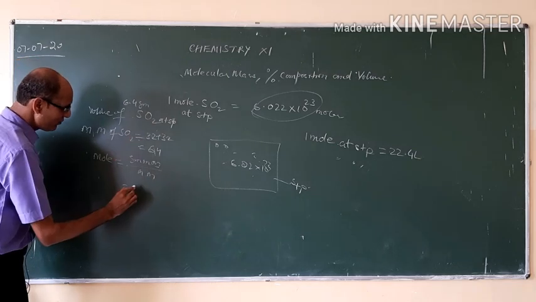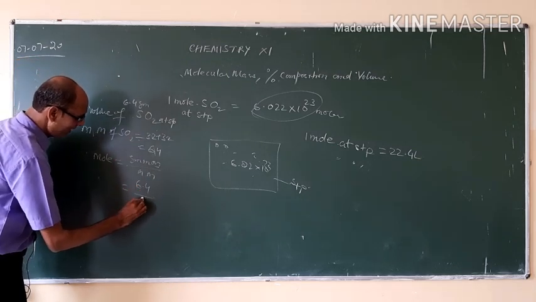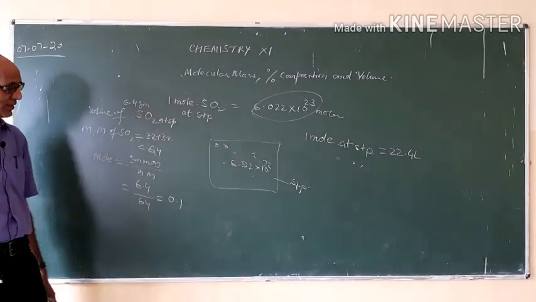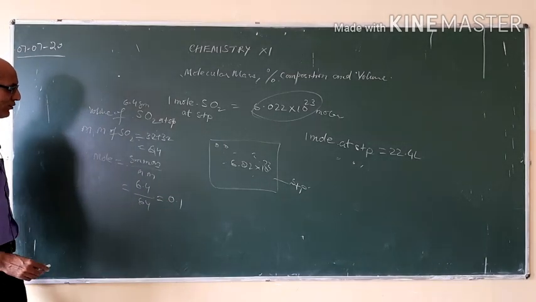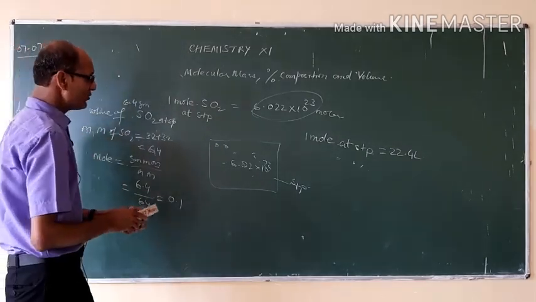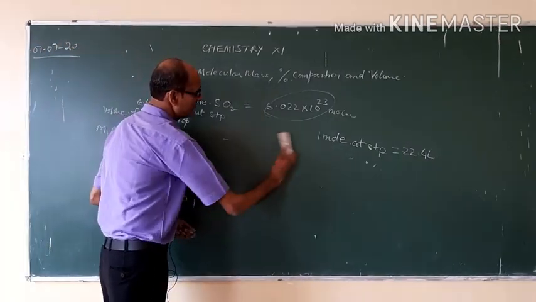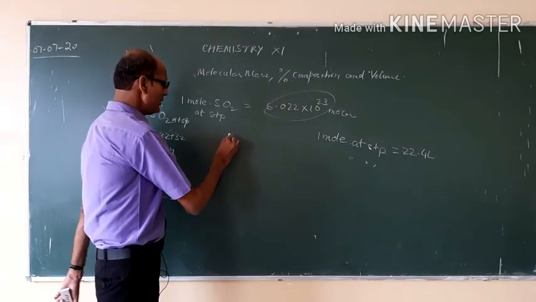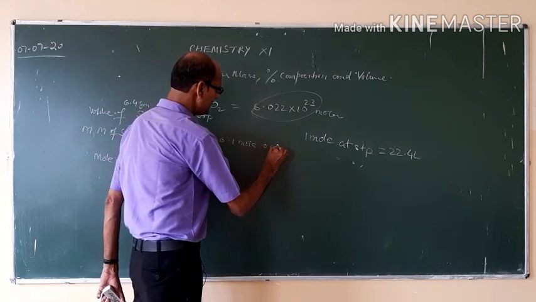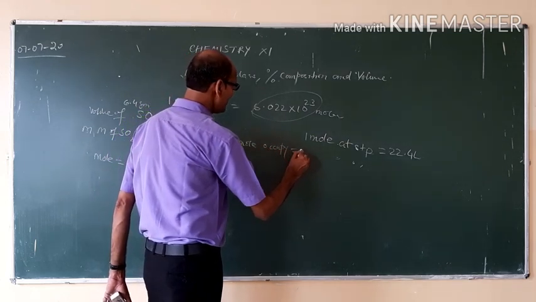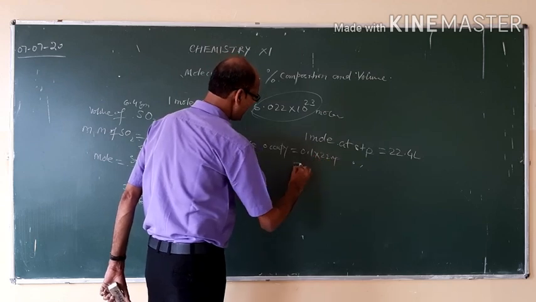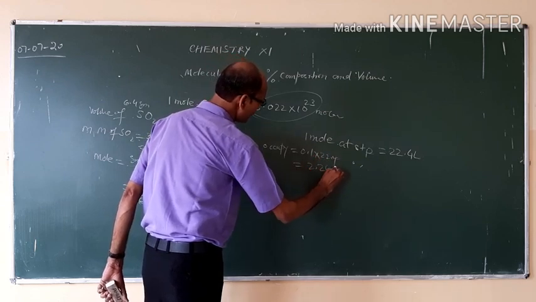So 6.4 upon 64 is equal to 0.1. This is mole, so 0.1 mole. If you want to calculate the volume of 0.1 mole, 0.1 mole occupies 0.1 into 22.4, that is equal to 2.24 liter.